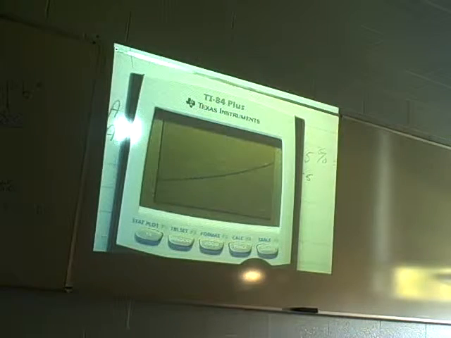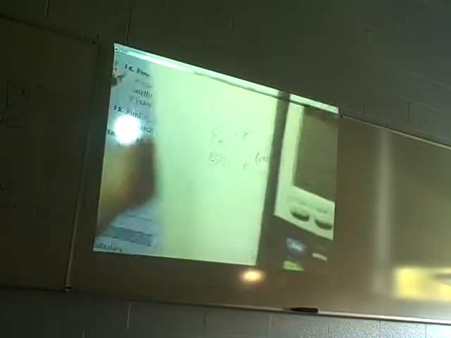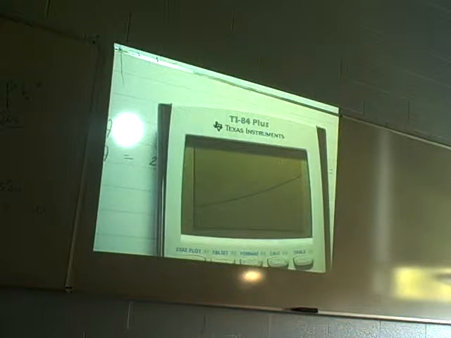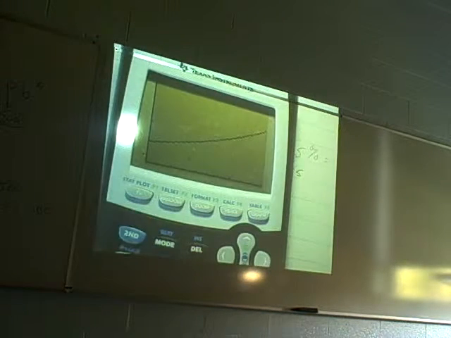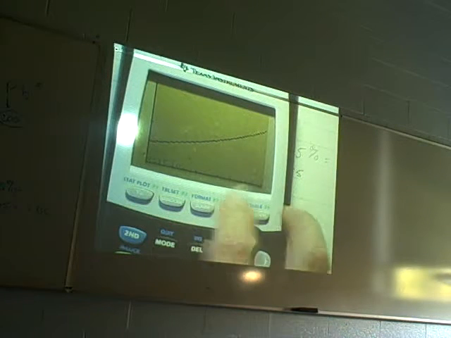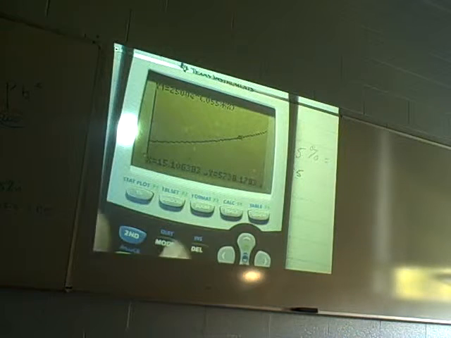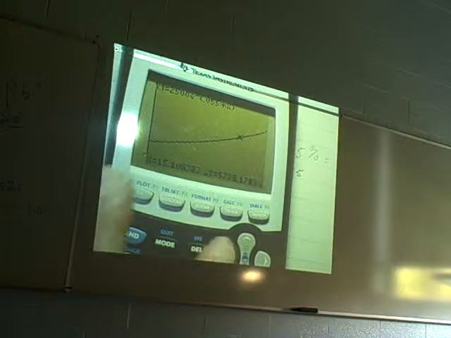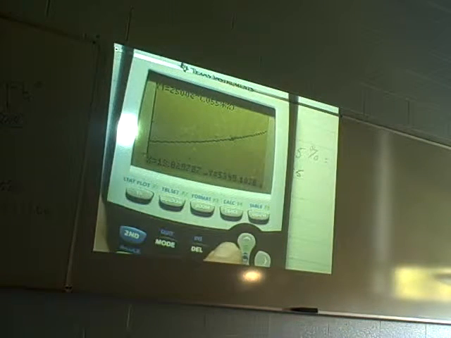So the question was, write and graph a function that shows the growth of this money over the next 15 years. I'm going to hit trace.